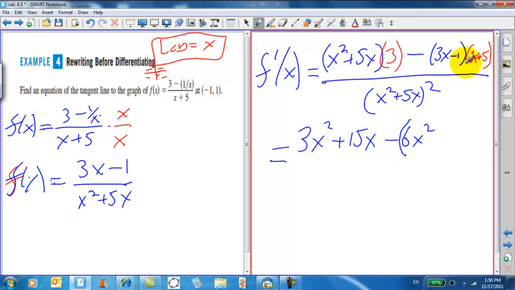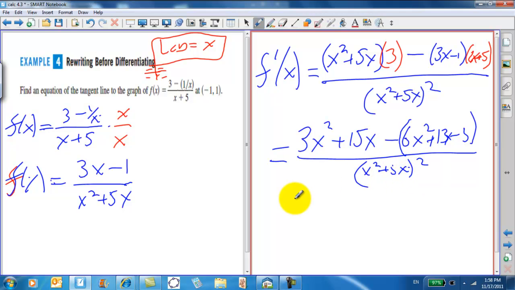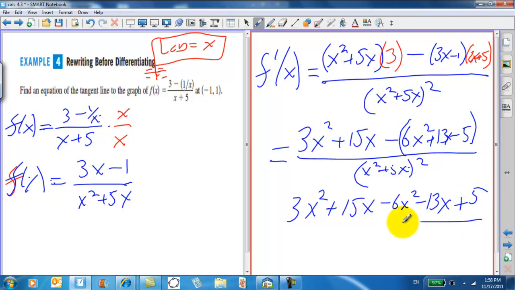FOIL: first, outer is 15x minus the inner is 2x, so that's 13x. Last, all over x squared plus 5x squared. So it's 3x squared plus 15x minus 6x squared minus 13x plus 5 all over the denominator, x squared plus 5x squared.